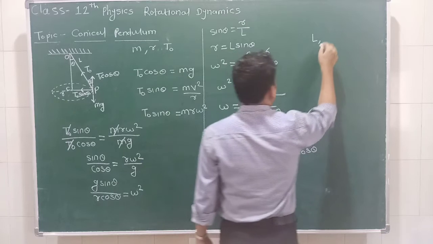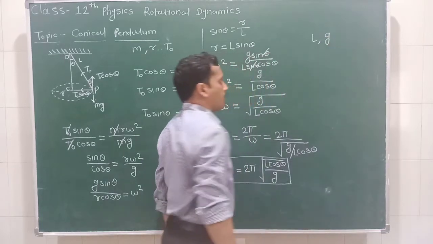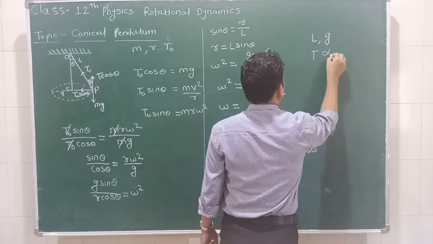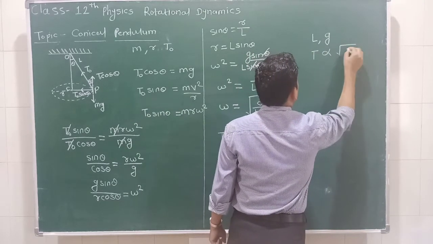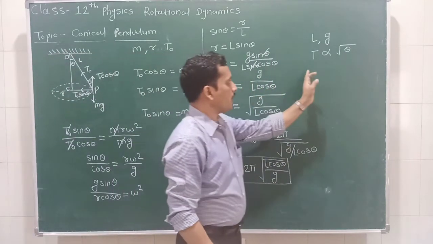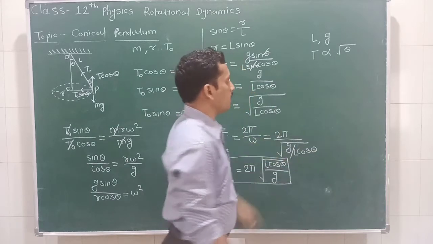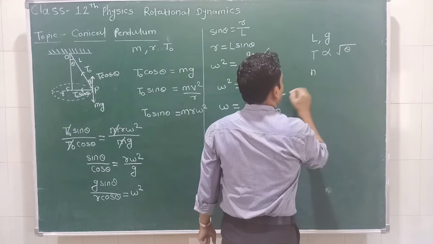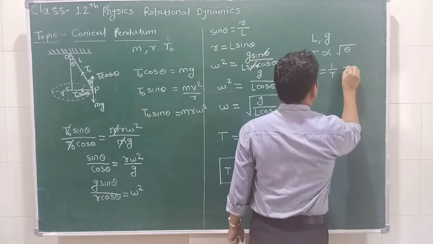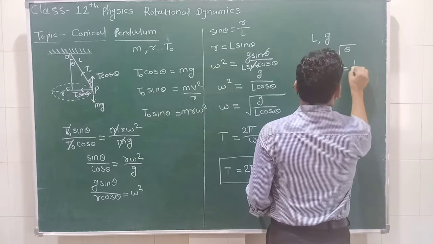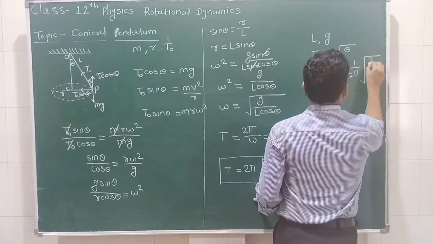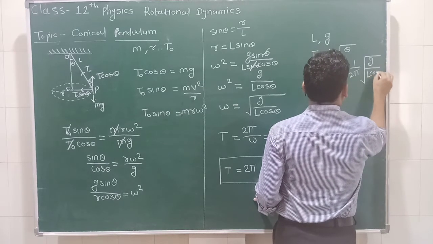As we see, if the length of the conical pendulum and the acceleration due to gravity remain constant, we can say that this time period is directly proportional to the angle theta. Also we can write the frequency n is equal to 1 by T, which is equal to 1 upon 2 pi under root g upon L cos theta.